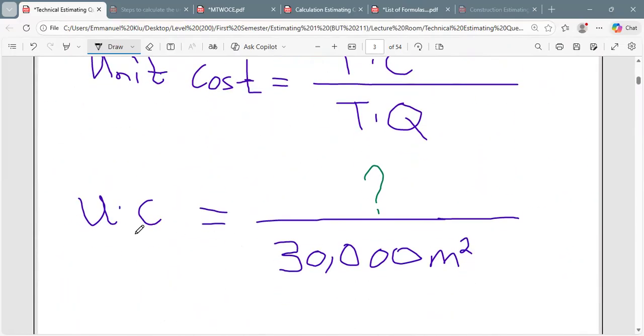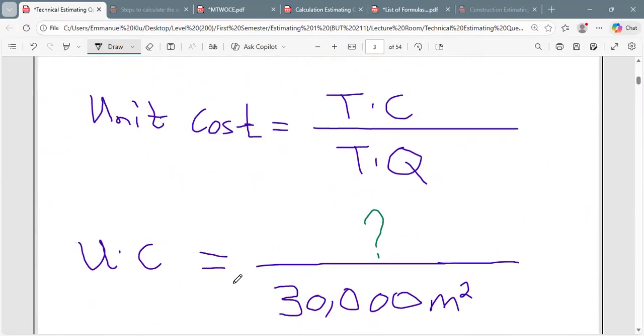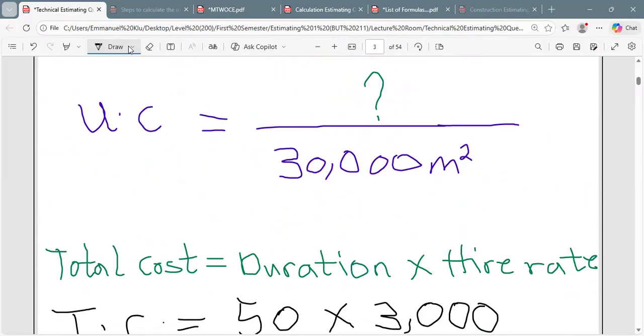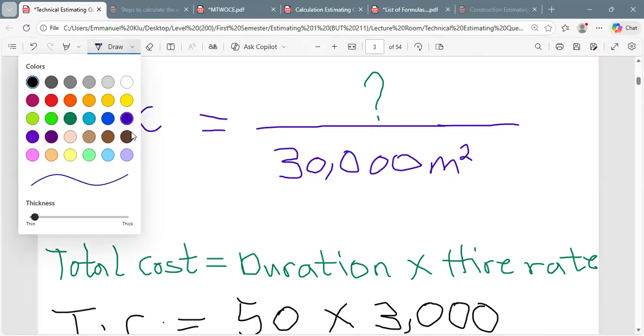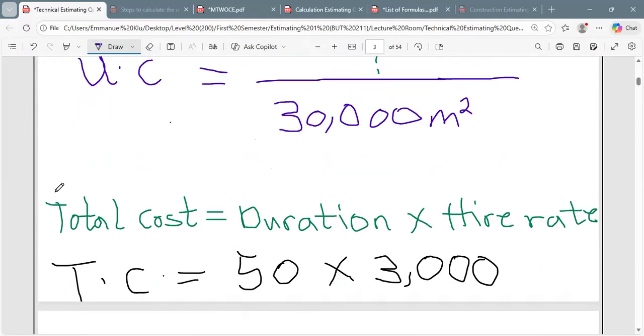So we can move back to our unit cost and solve the work.